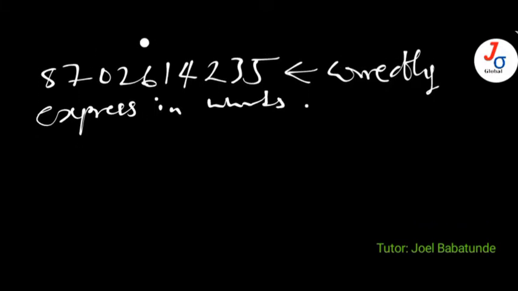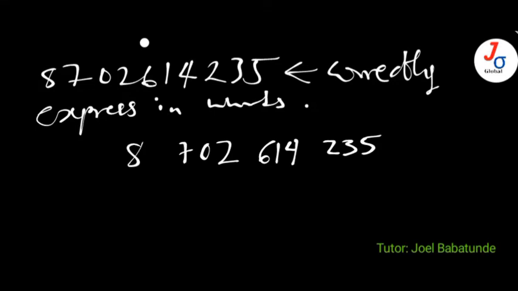You write it from the back, in threes: 235, then 614, then 702, then 8.